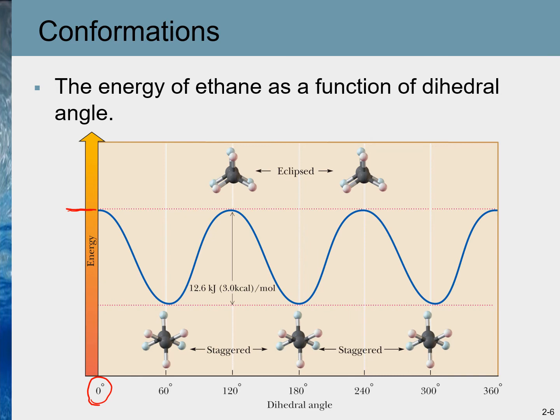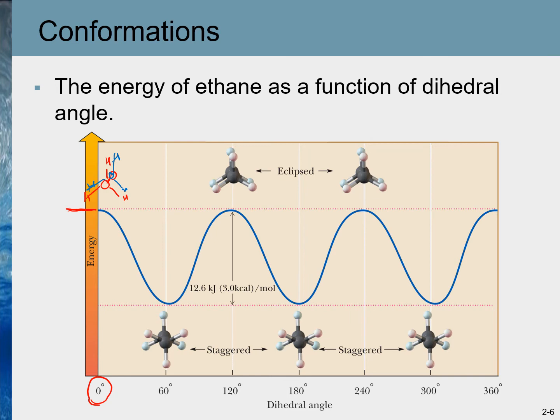So at a 0 degree angle, our molecule will be in the eclipsed conformation. So eclipsed means the rear hydrogens, let me draw the rear hydrogens with a different color, are exactly behind the front hydrogens. So this is the eclipsed conformation.